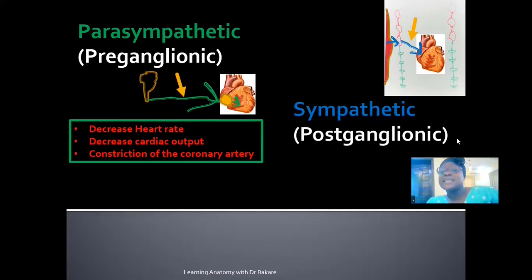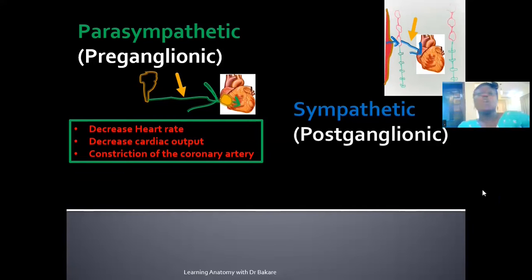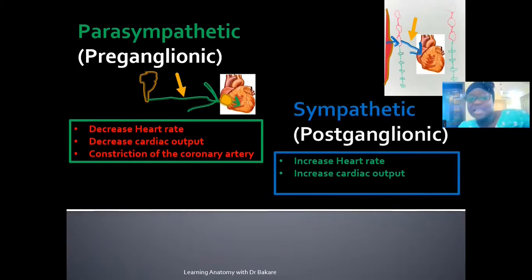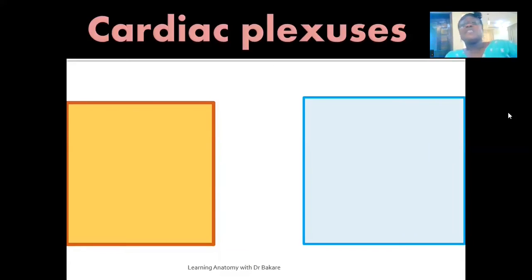Then for the sympathetic innervation, this is like the opposite of what is going to be exhibited by the parasympathetic innervation. So what we should expect here would be increase in heart rate, increase in cardiac output, and there's going to be the dilation of the wall of the coronary artery. So it's good for us to be able to establish the actions that they also exhibit within the formation of the cardiac plexuses. Let's now dive into the specific locations of the cardiac plexuses.